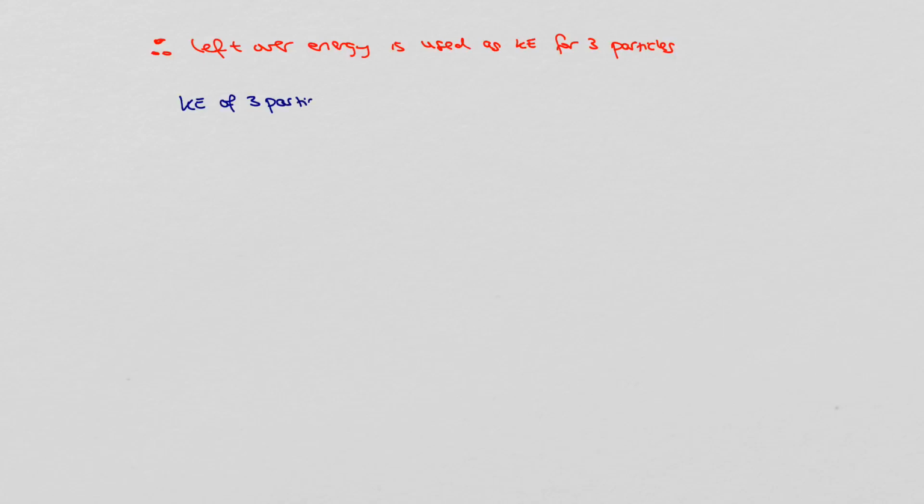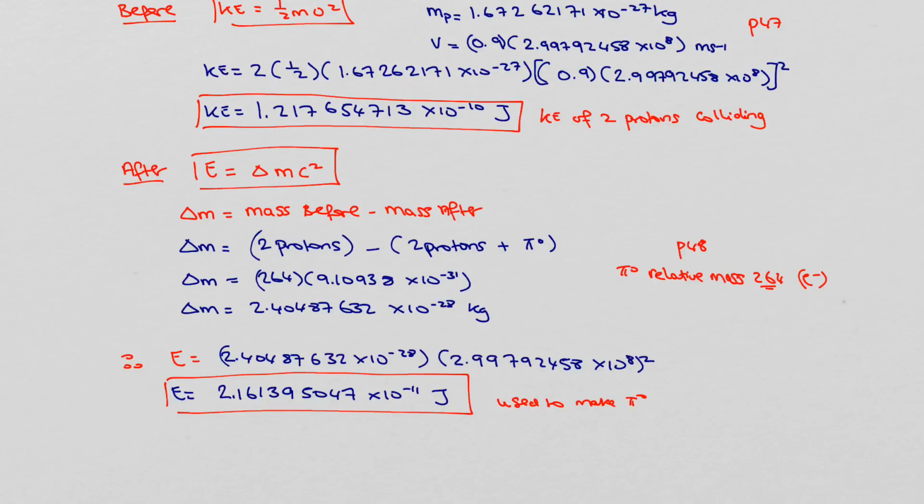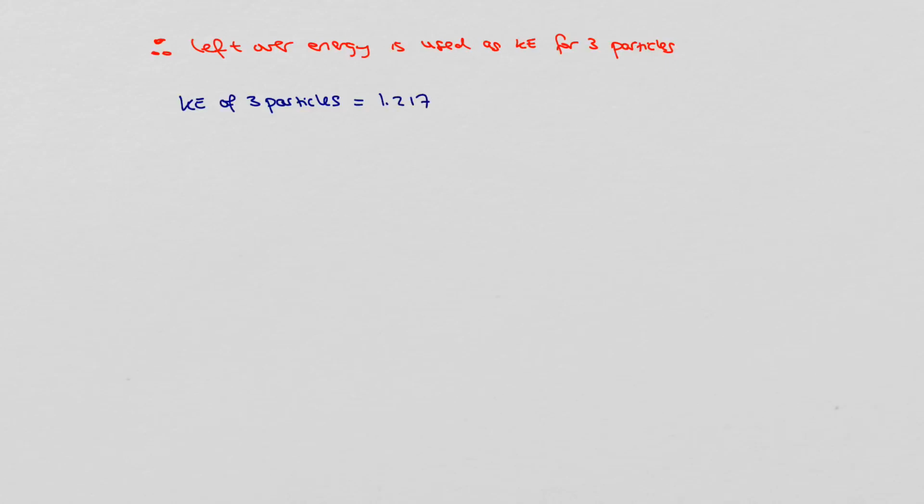So the 2 protons and the neutral pion is equal to, well, what did we say there? We had 1.2176547 13 by 10 to the power of minus 10, and that is minus our 2.161395047 0.47 by 10 to the power of minus 11.